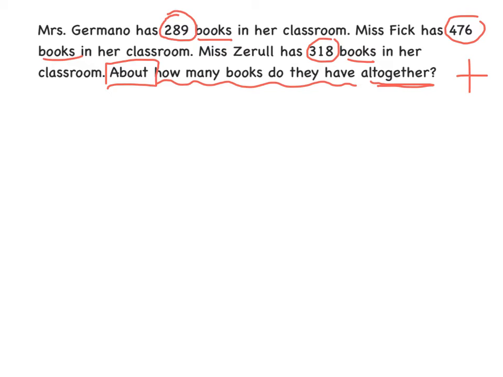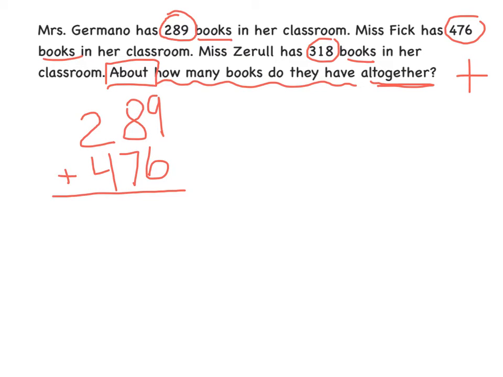Alright, so the first thing I want to do, I want to come down and write my first number 289, my second number 476, and because I'm finding how many we have altogether, I'm going to put my plus sign. Because of this keyword about, I'm going to round 289 to the greatest place value, which would be the hundreds place.